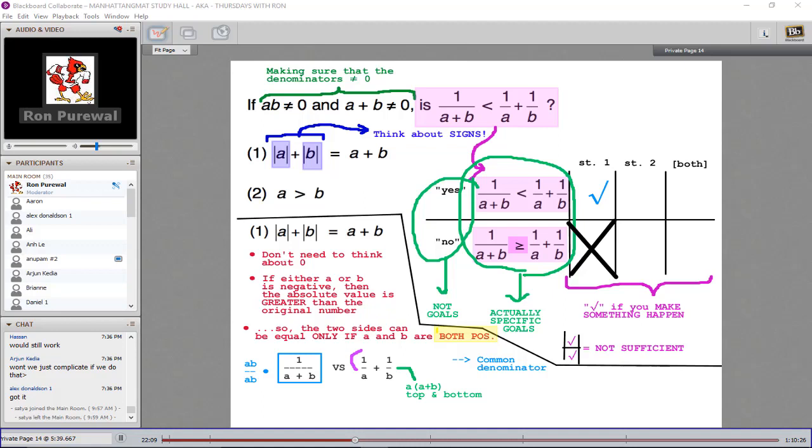I don't have room to write that in there, which is why I'm moving it. Okay, we want b(a+b) here, and then we want a+b there.